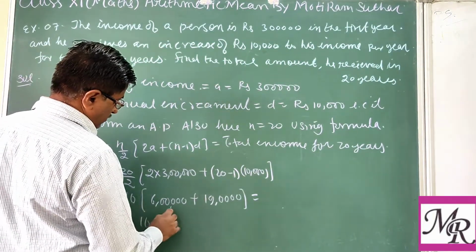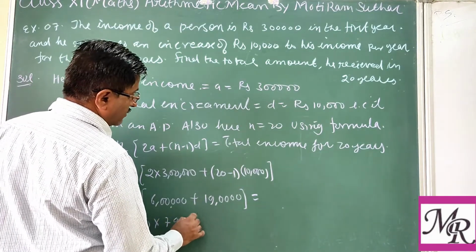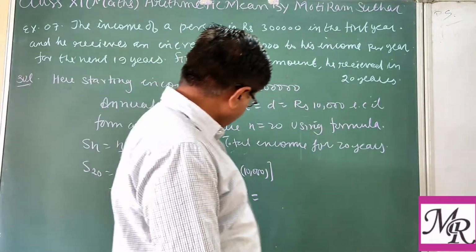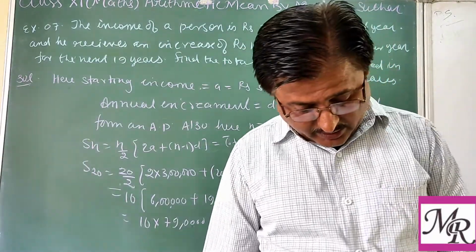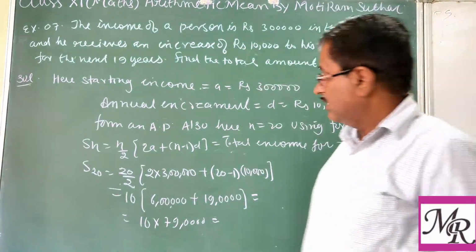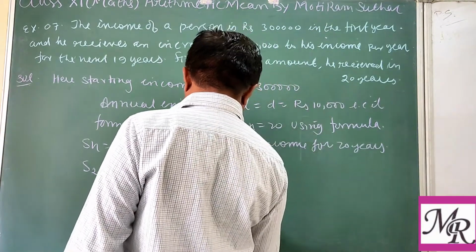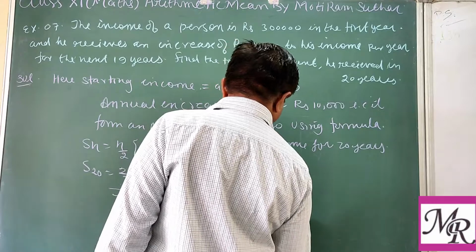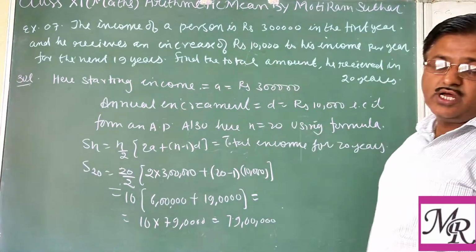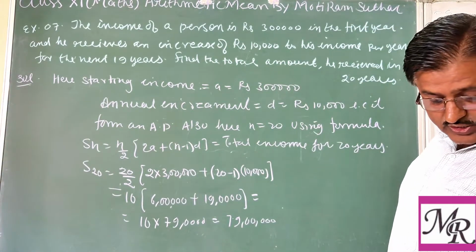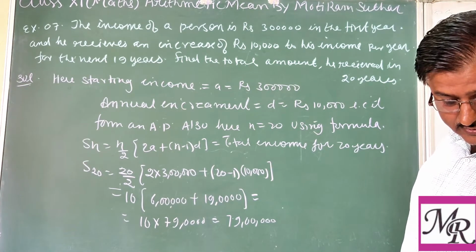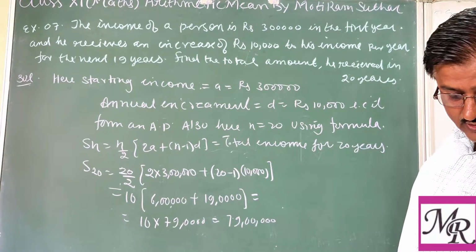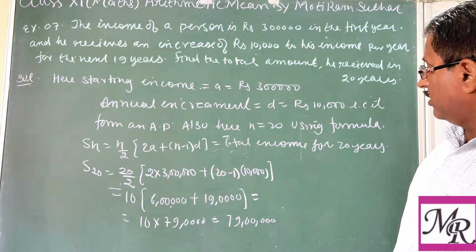So 10 into 79 lakh is 7 crore 90 lakh. This is the total amount he received throughout the years, or at the end of 20 years this amount will be there.